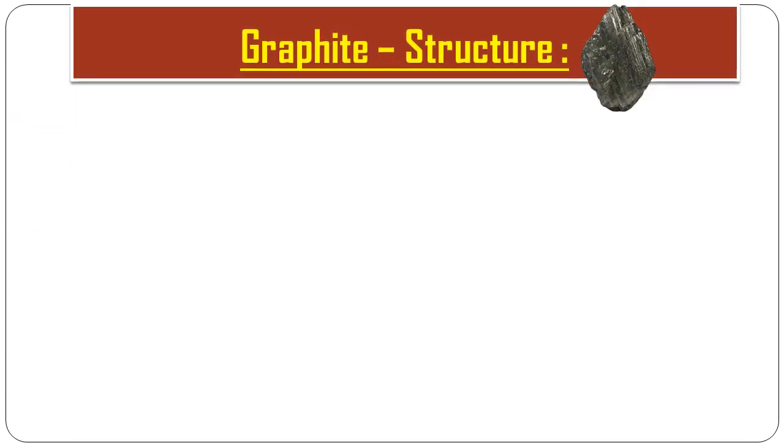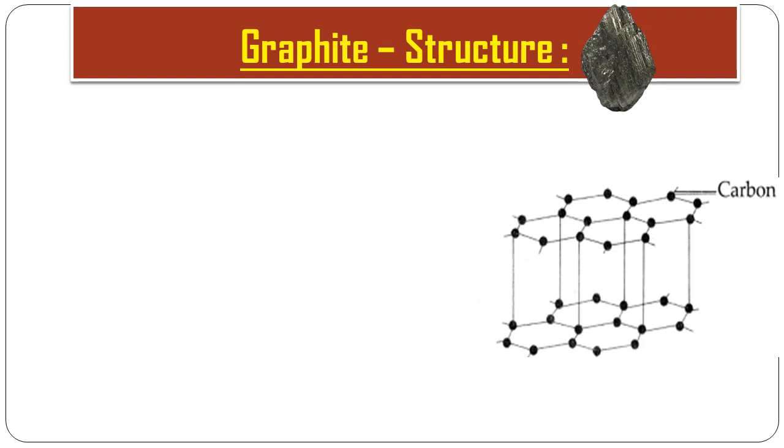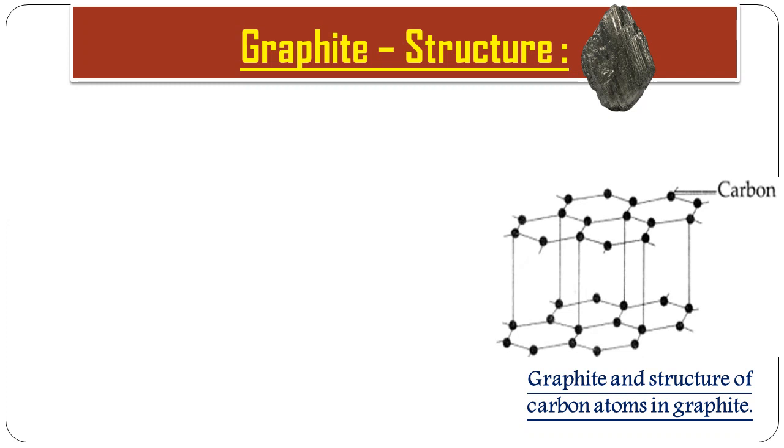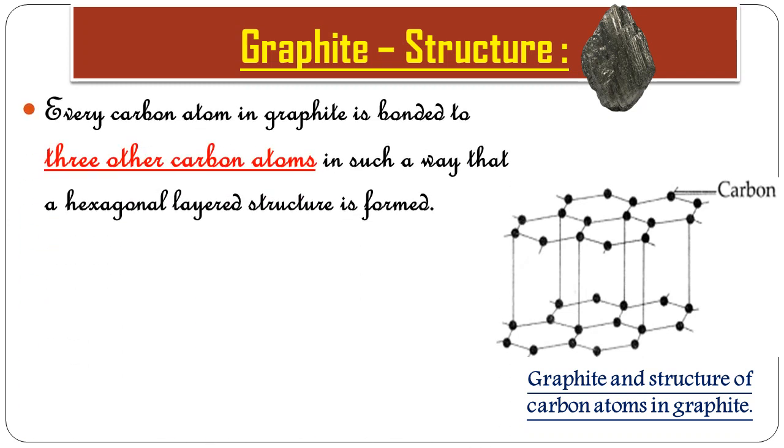Now let's study the structure of graphite. Every carbon atom in graphite is bonded to 3 other carbon atoms in such a way that a hexagonal layered structure is formed. In the diagram alongside you can observe the hexagonal layered sheet of carbon atoms. Here one layer of carbon atoms lies after another.